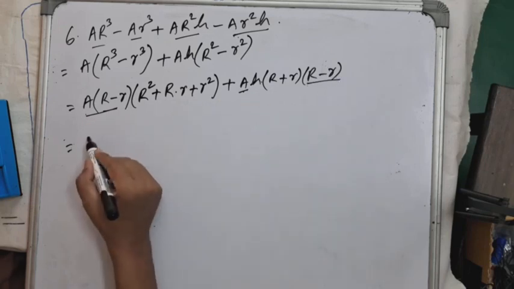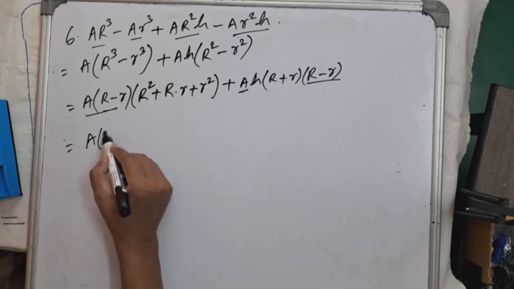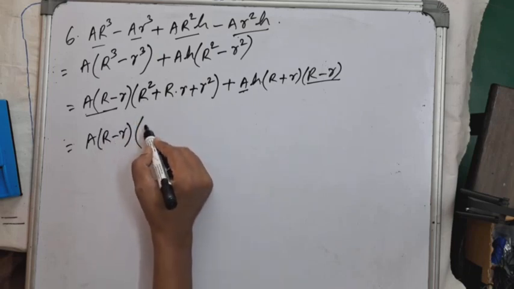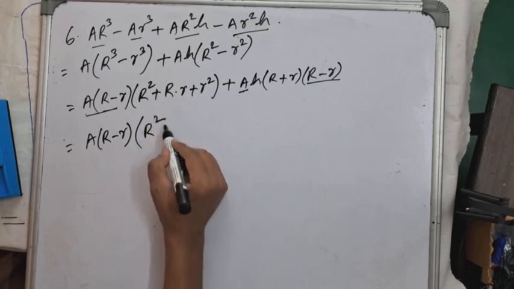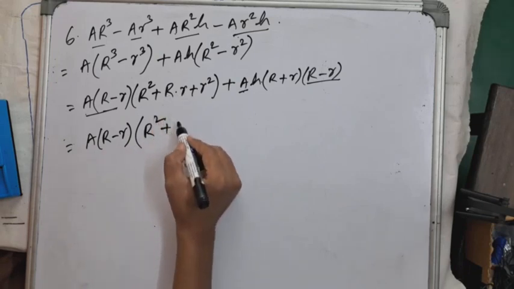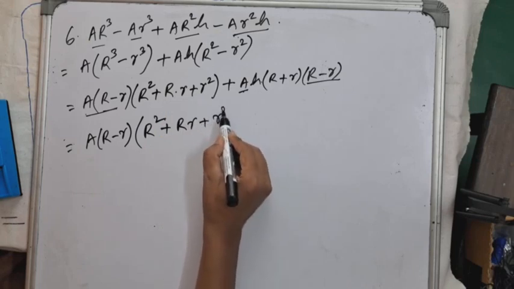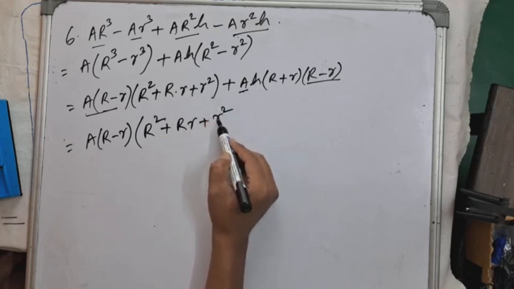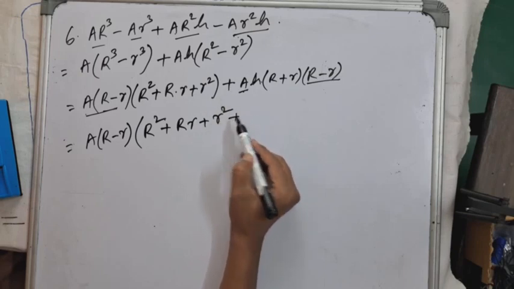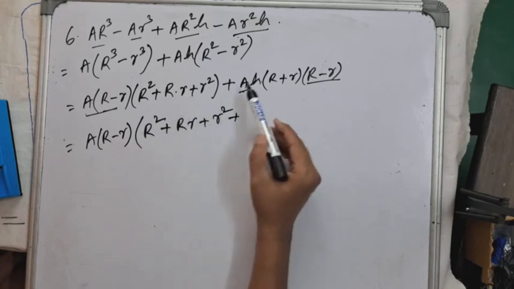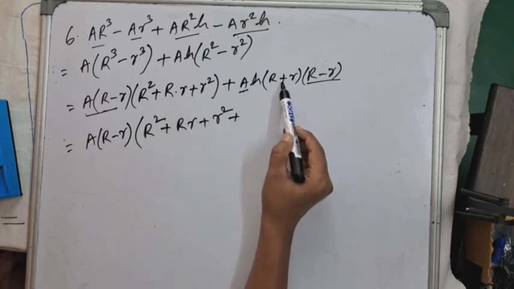So we take A, R minus r common, and within the bracket we have capital R square plus capital R small r plus small r square. So we took A and R minus r as common, so this h and this will remain within the bracket, isn't it?